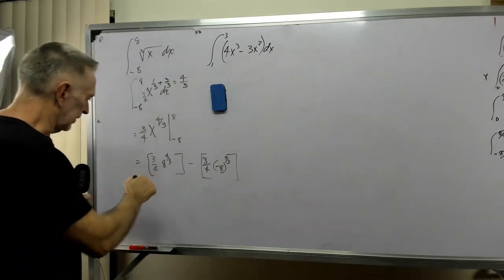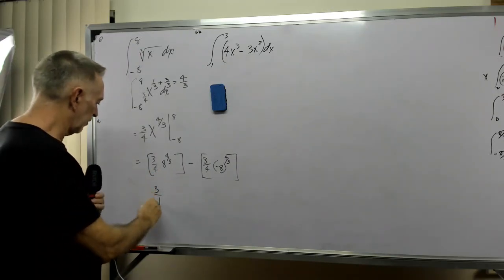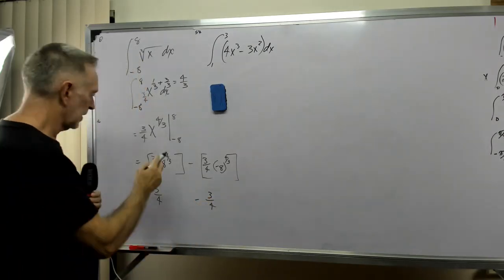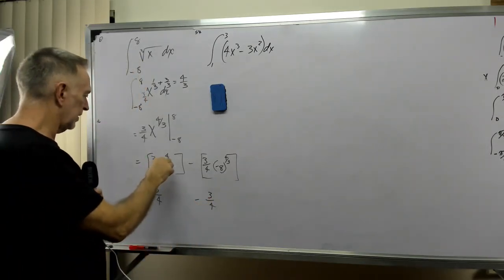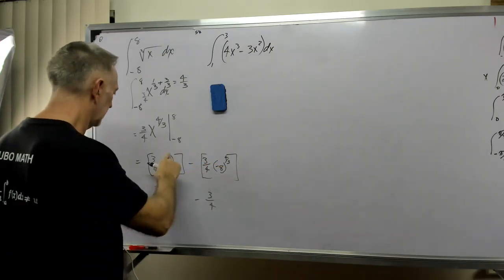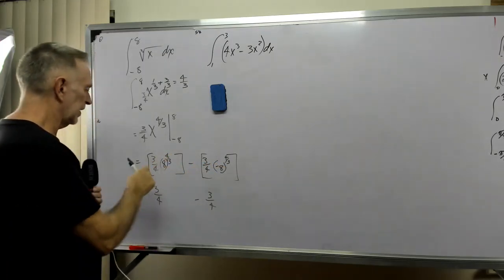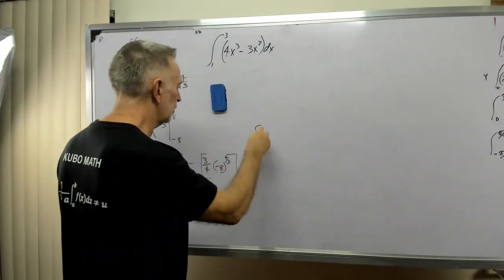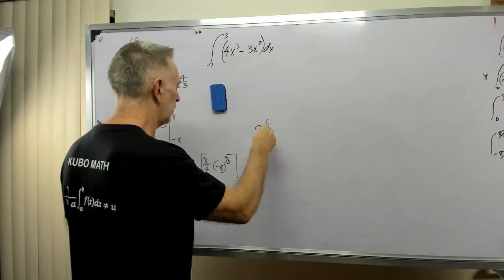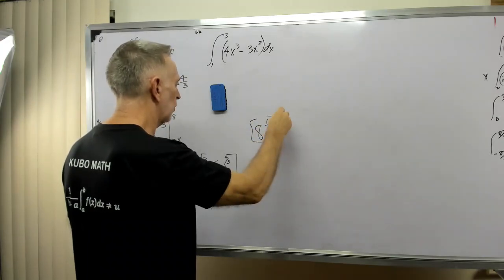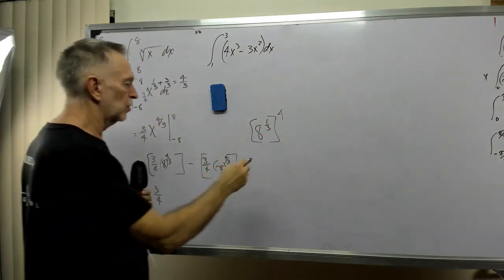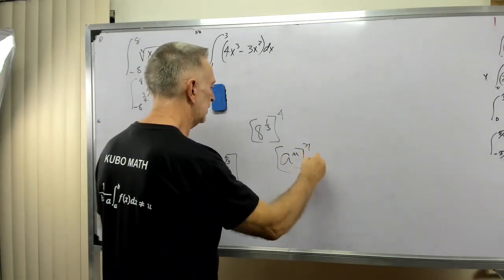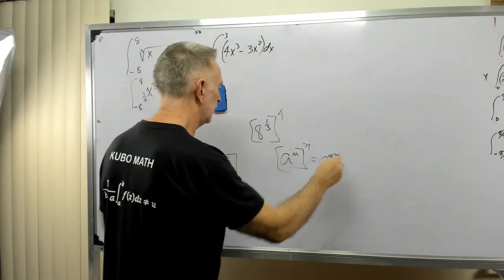Okay, let's think about this. We have 3 over 4. I'm going to write that down so I don't lose them. And I'm going to deal with this 8 here. I've got 8, the cube root of 8. So this 8, I really could look at this one as 8 to the 1/3 to the 4th power. You remember the rule? A to the m raised to the n equals a to the mn.